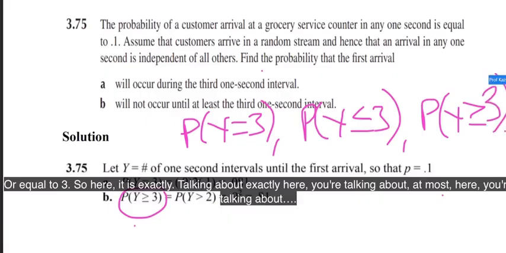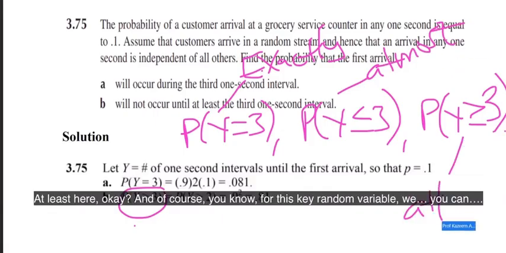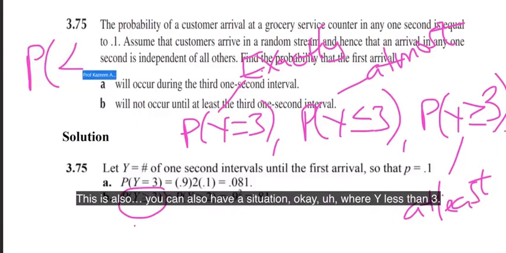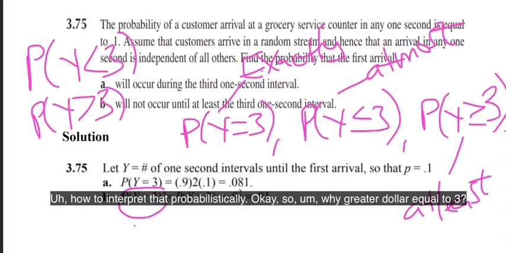Here you are talking about exactly, here about at most, and here about at least. For a discrete random variable, you can also have a situation where y is less than 3 or y greater than 3. So you need to be able to understand how to interpret that probabilistically.